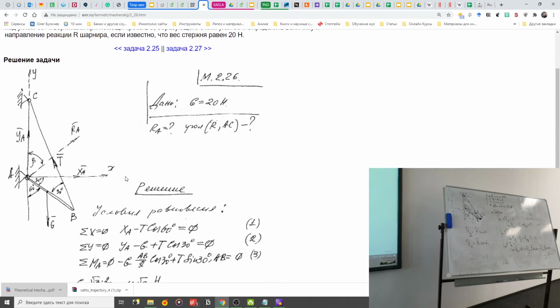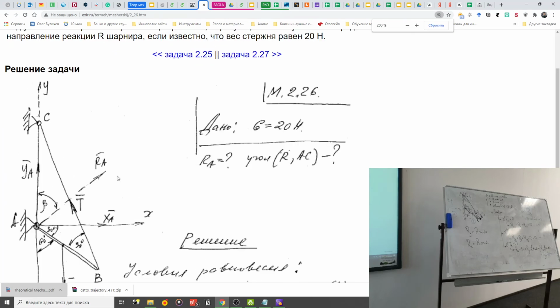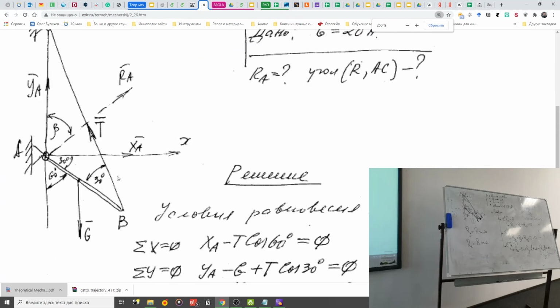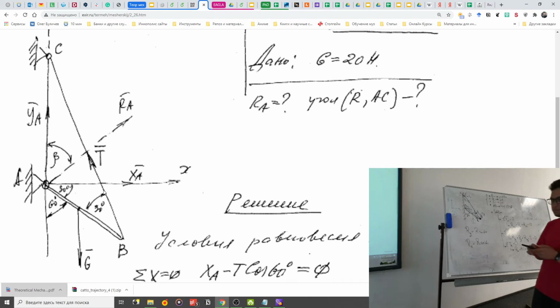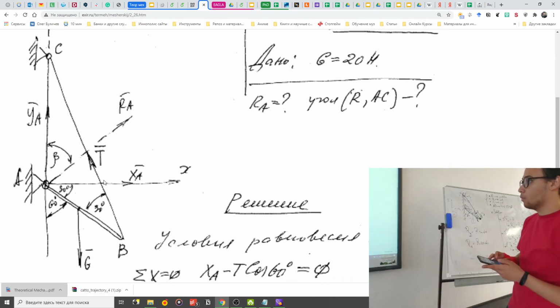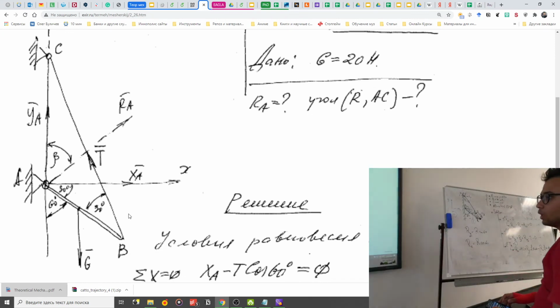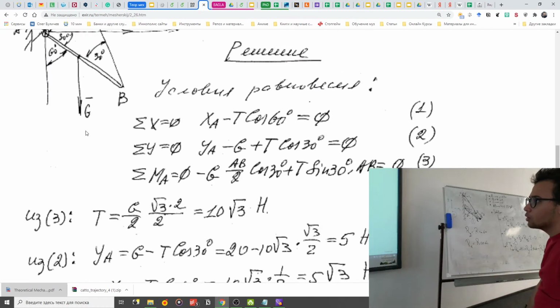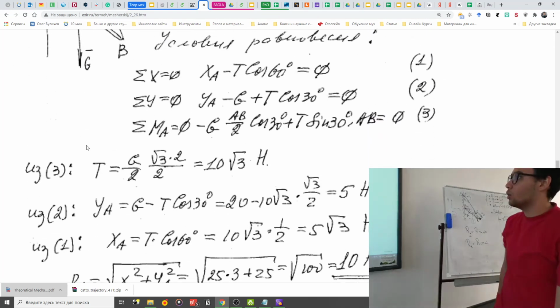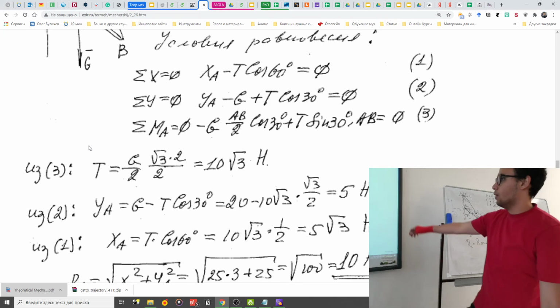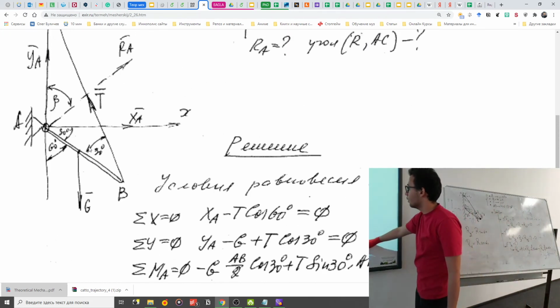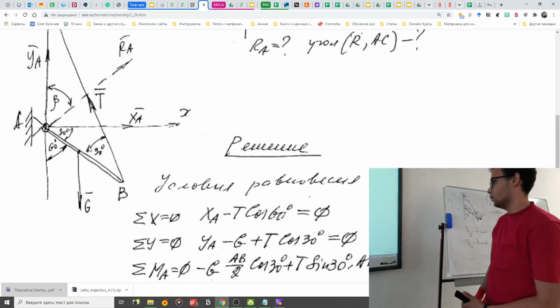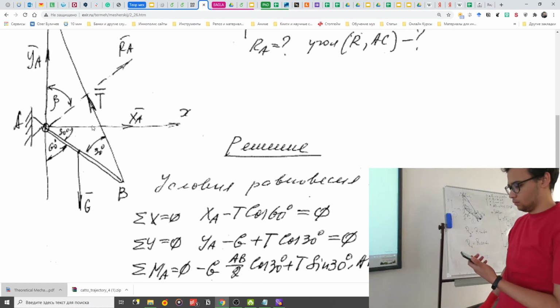This is the solution. We have around x go down. So we have, and around A, forces x, forces y, and torque around A. What is S? Well, look on the right. X, Y, it's a reaction around it.